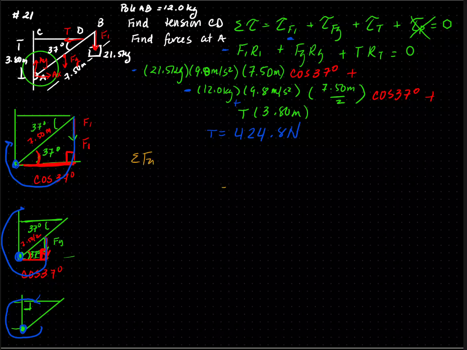My sum of Fy, we have Ay going up, opposed by Fg, the weight of the bar, minus F1, which is the weight of the traffic light. This is equal to 0.